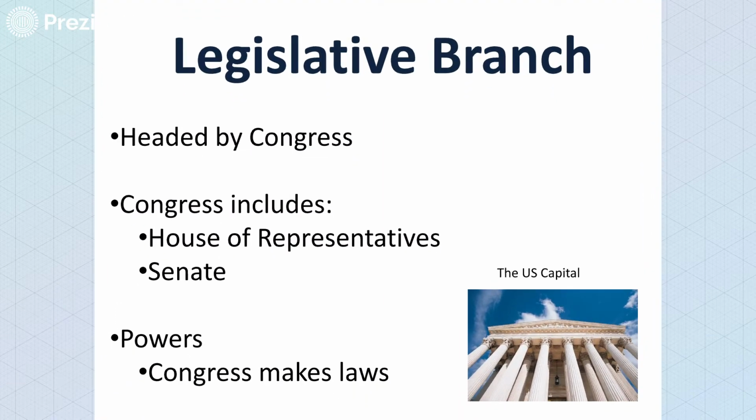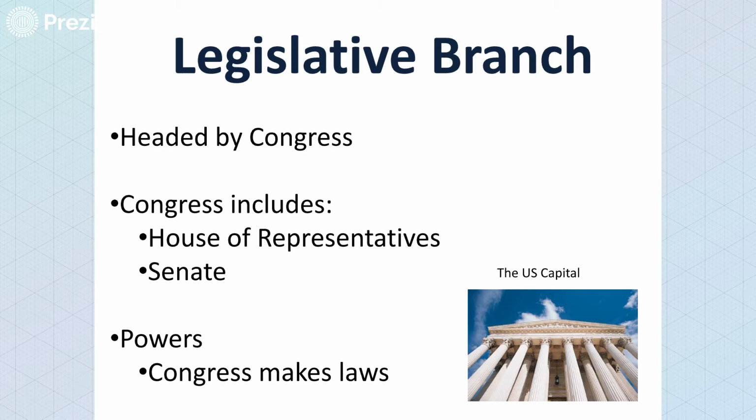The second branch is the legislative branch. This is made up of the Congress. Congress has two main houses, the House of Representatives and the Senate. These are both elected positions. In the House of Representatives, we elect representatives every 2 years. They serve a 2-year term.